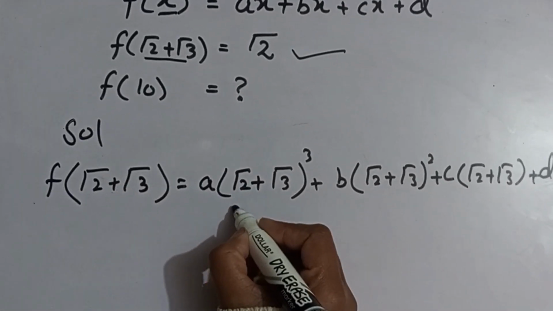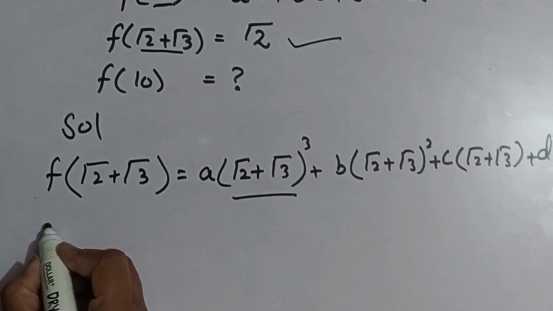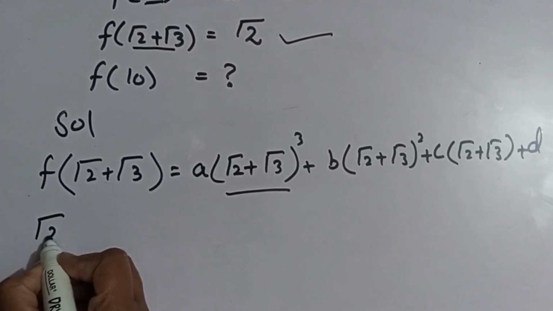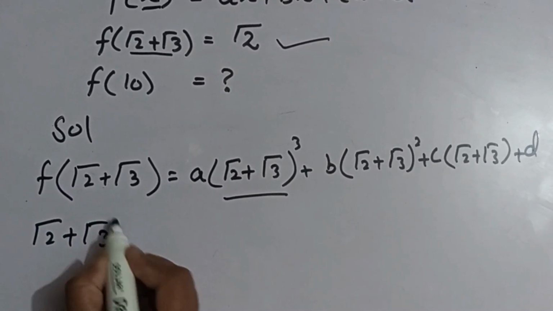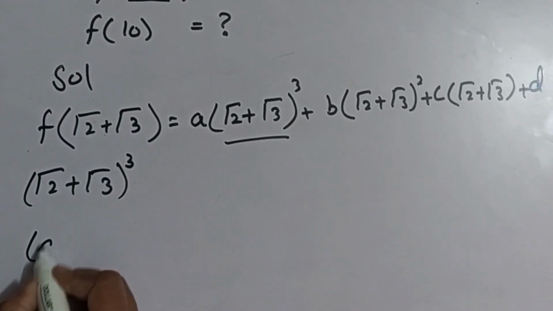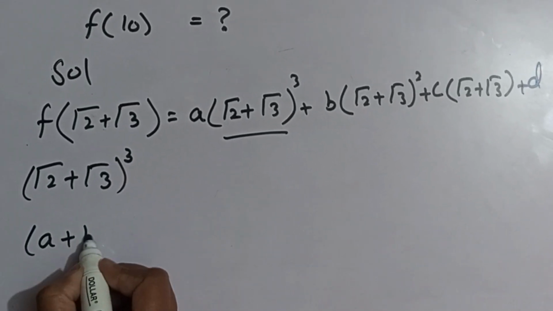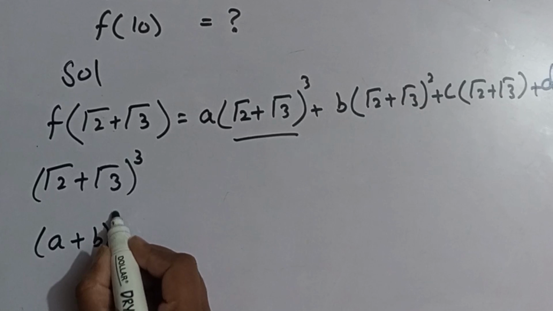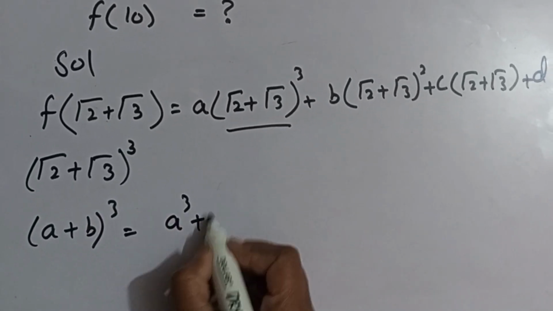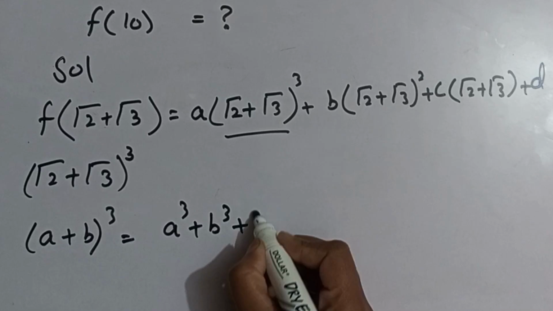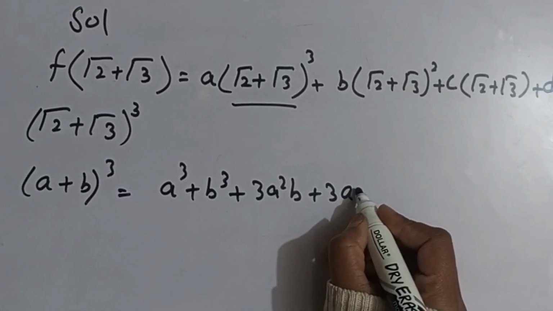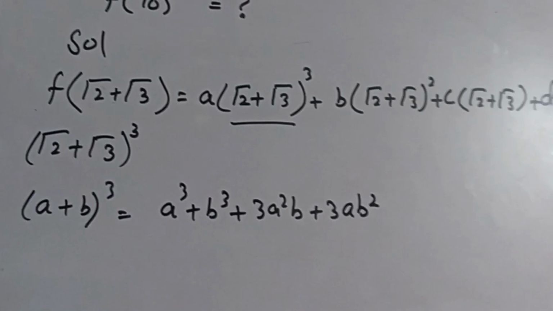Now we simplify this form. We have a times square root 2 plus square root 3 whole cube. To solve this part, we use the identity a plus b whole cube, which is equal to a cube plus b cube plus 3 times a square b plus 3 times a multiply b square.